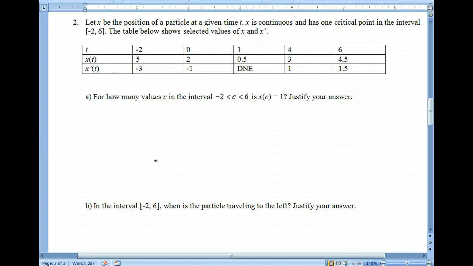PVA, position, velocity, acceleration. So I have a table of values. One of them is position. Which one's position? x of t. t is just time. So this one's just time. This one is position. And x prime is velocity.